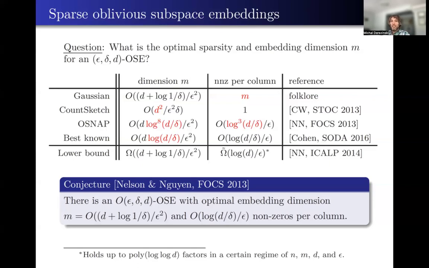And as you can see, it is unclear how to do this with any non-trivial level of sparsity, because the only embedding here that gets it is the Gaussian embedding, which is dense. So they conjecture that in fact the lower bound can essentially be matched, with roughly of the order of one over epsilon non-zeros per column, and then with the embedding dimension d over epsilon squared, as we mentioned.